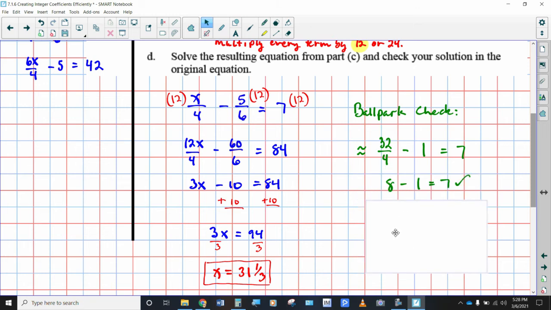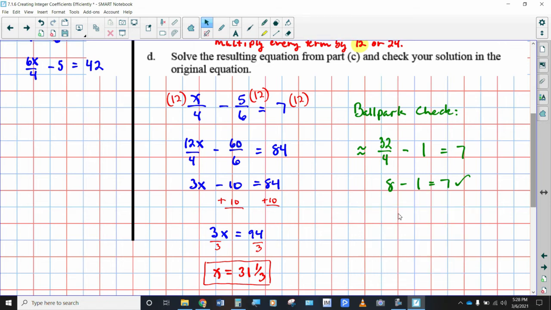Yeah, it does. And a lot of times when you do the ballpark method, you end up getting like 6.97 is equal to 7. And it's like, yeah, okay, well, I rounded. So if I would have gotten something really wrong, it would have been like -5 is equal to 7. Those are way apart. They're not even close.